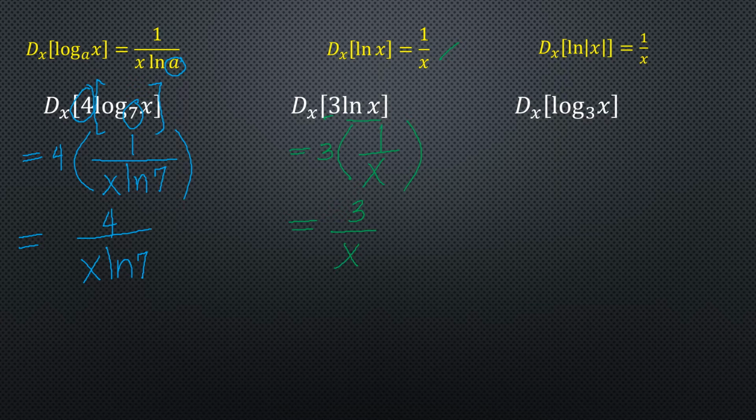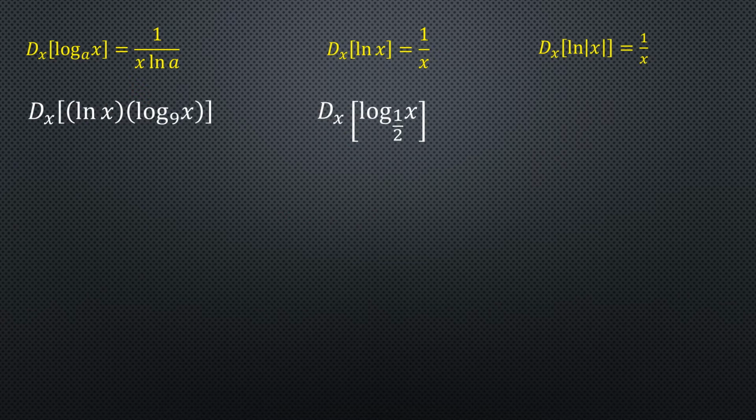On the third example, the logarithm of x to the base 3, then simply get the base 3, so that will be 1 over x times ln of 3. We just keep on repeating x here because we're just referring to the basic rule of differentiation. However, when we proceed to more complicated ones, you're going to meet the other rules.